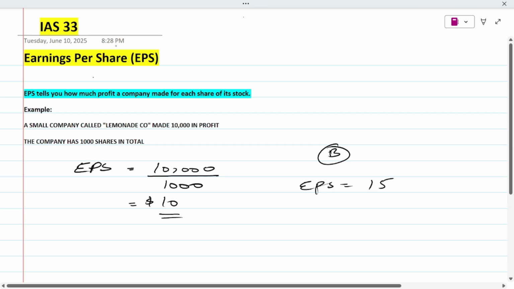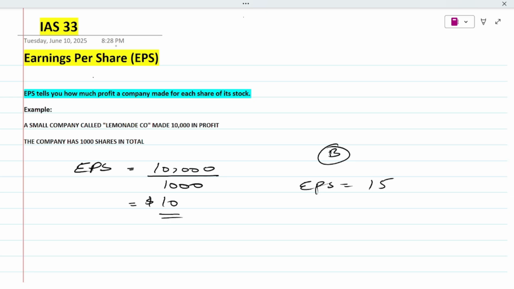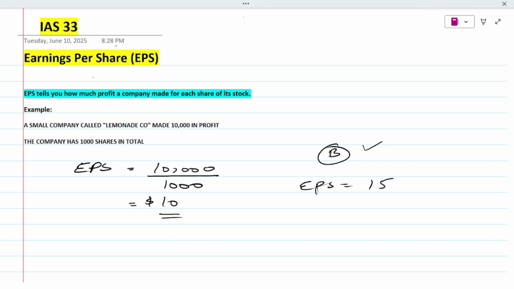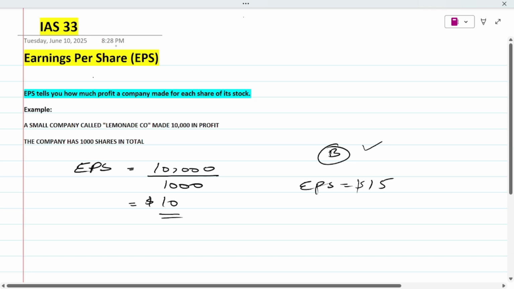So obviously, as a rational investor, I'll be attracted towards the company which gives me a higher EPS. In this case, it's company B because it's giving me an earning of $15 for every one share that I hold, so I'm going to be attracted towards company B.